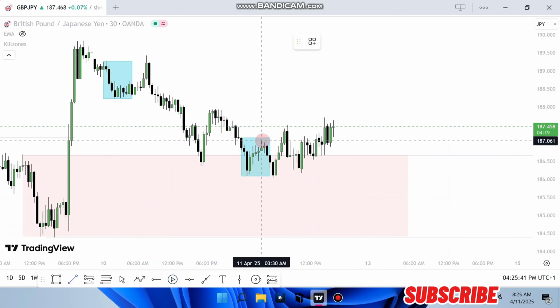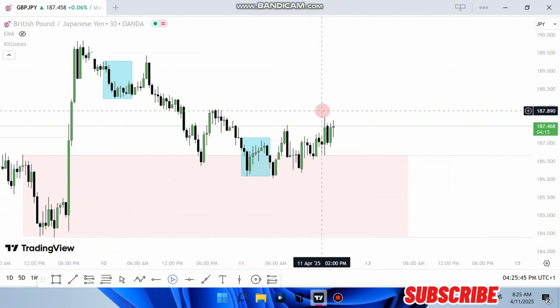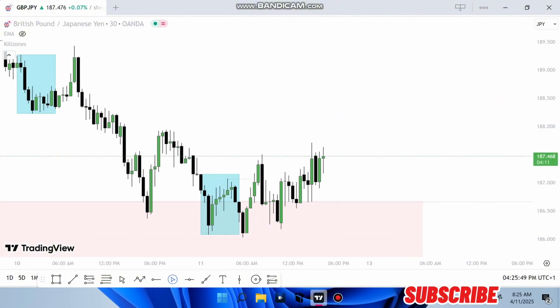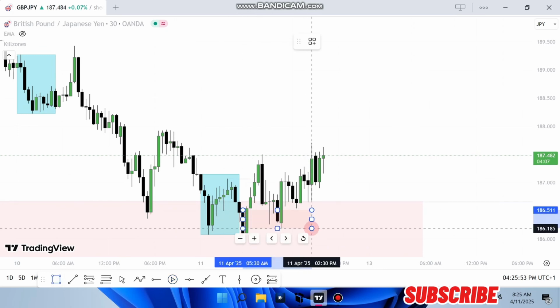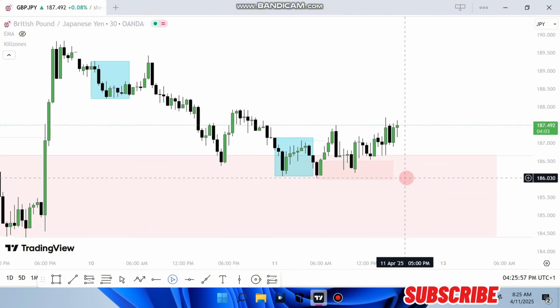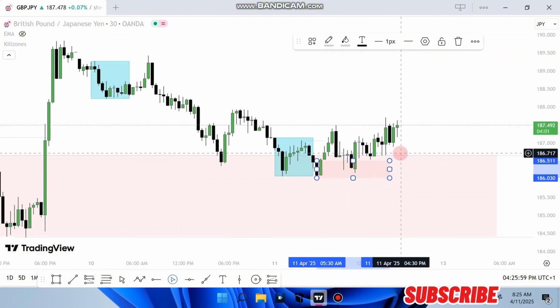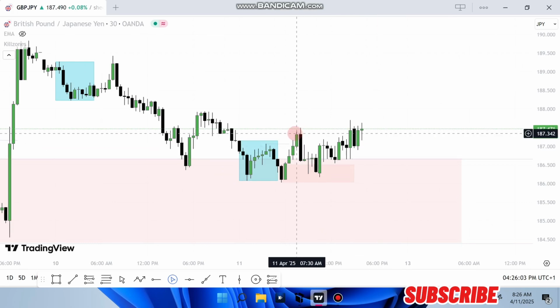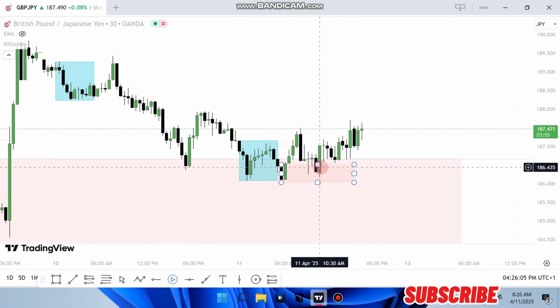This is a break of structure. After price took liquidity, a break of structure happened right there. Then what happened next? We had our order block along this region. So since we have this order block, I was just looking for price to come, tap into it and push from there.